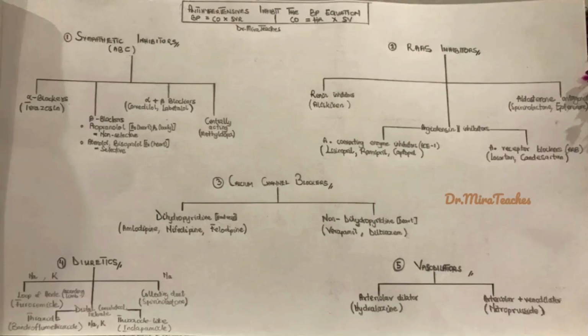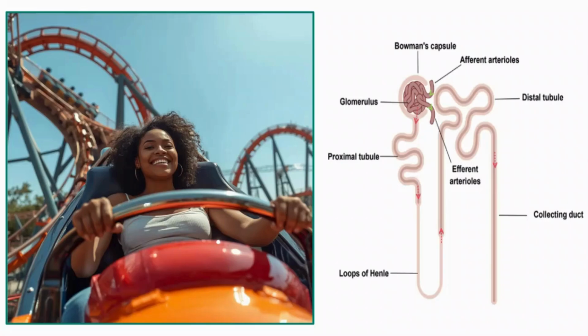Now the way to remember diuretics is to look at every single aspect of the nephron. Diuretics work on the kidney. They let you lose salt so that you can also lose water and then bring down your cardiac output. But the parts of the nephron can be very difficult for us to remember.